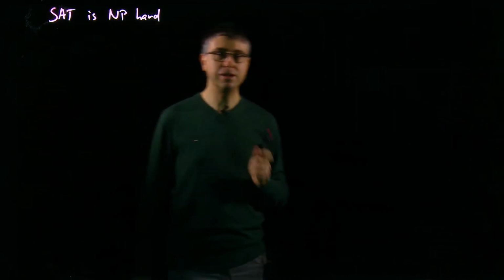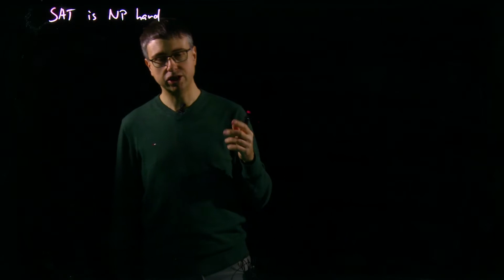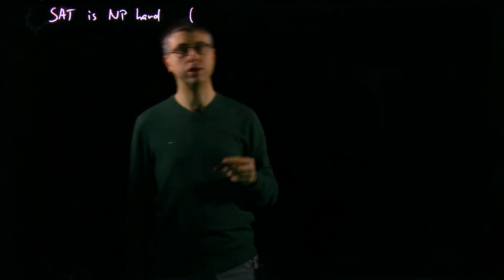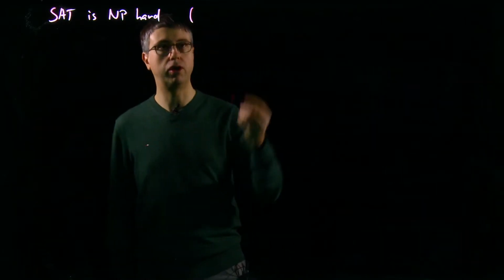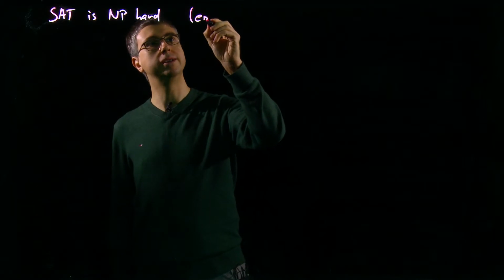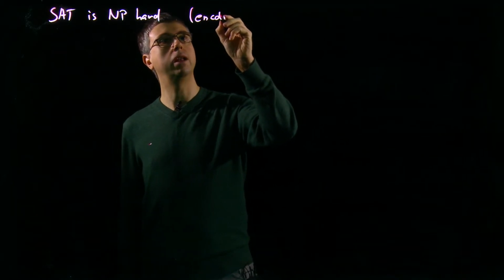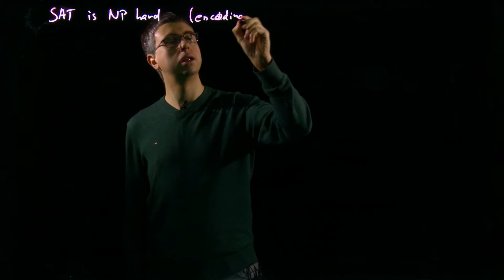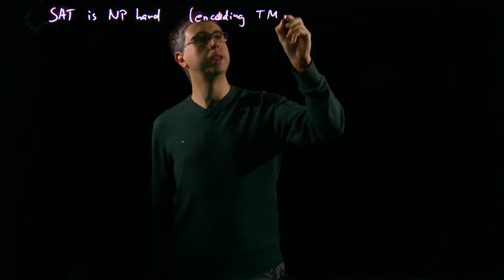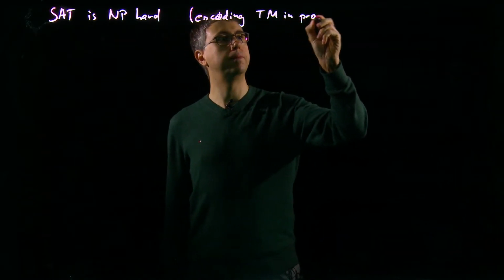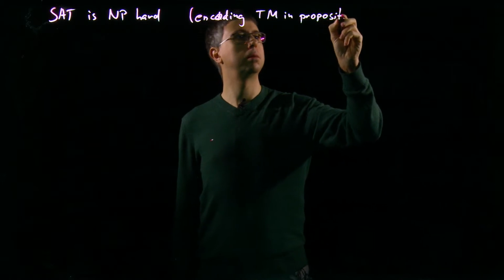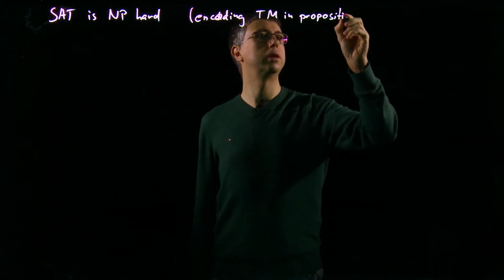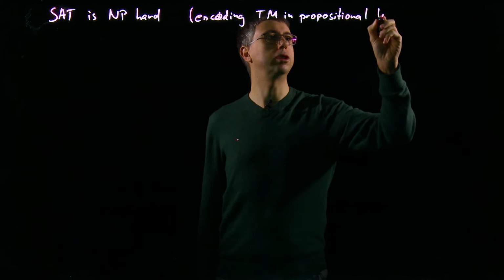However, it's interesting nevertheless, because it shows how to encode a Turing machine into a logical formula. So what we will be doing is encoding a Turing machine in propositional logic.